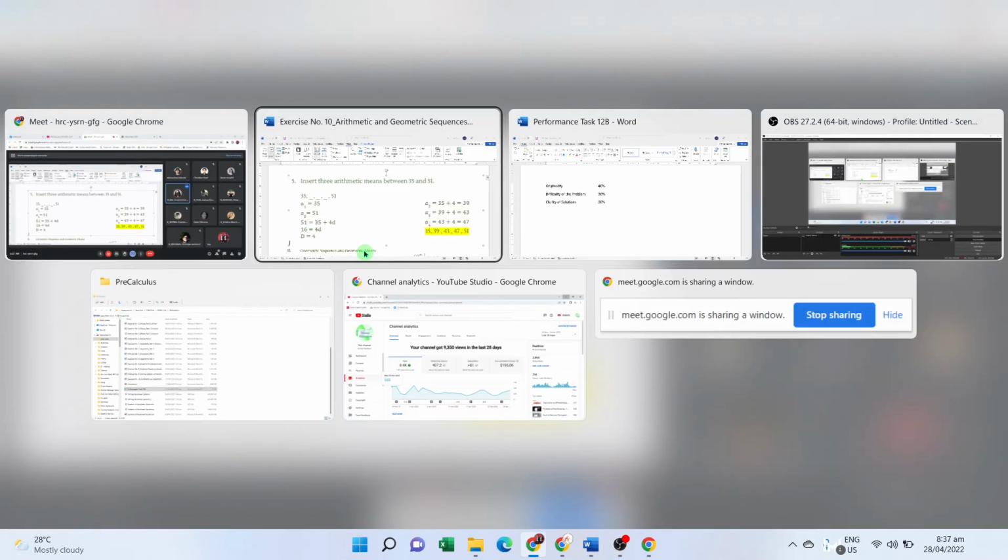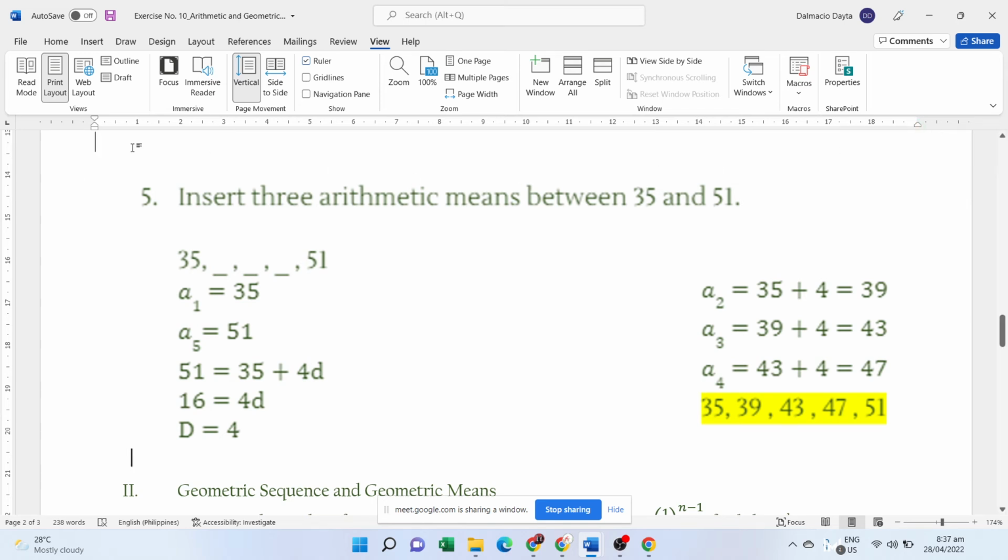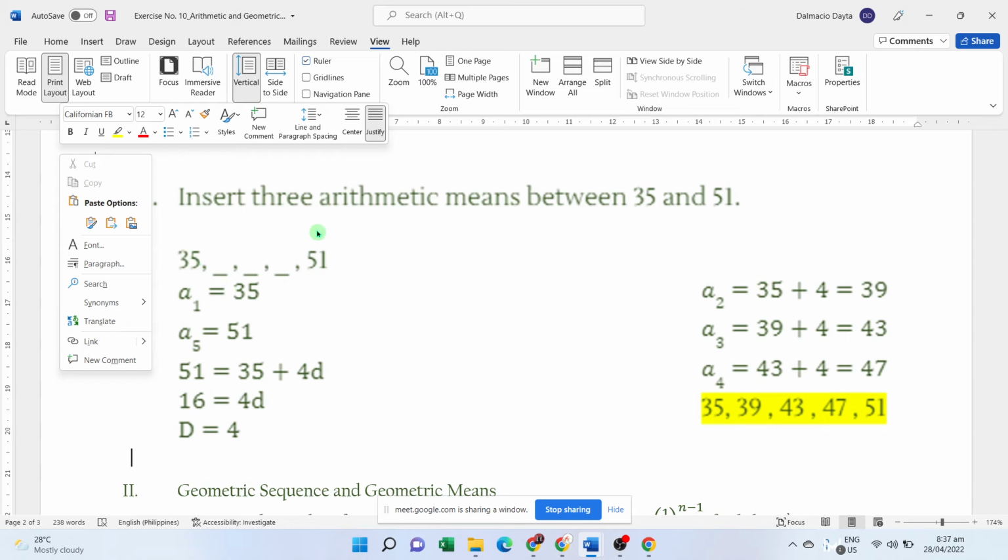Number 5. Insert 3 arithmetic means between 35 and 51. The first term is 35 and the fifth term is 51. So 51 is equals 35 plus 4d. Then 16 is equals 4d and the d is equals to 4.